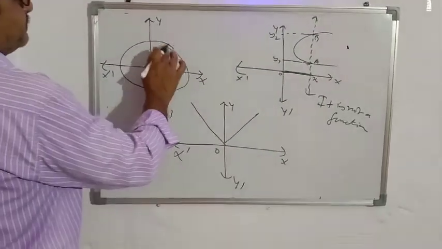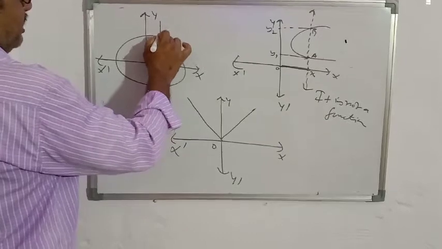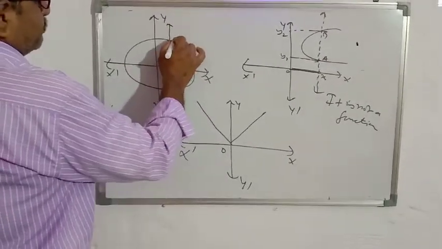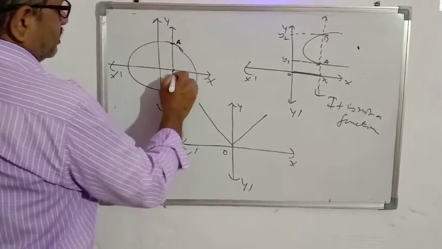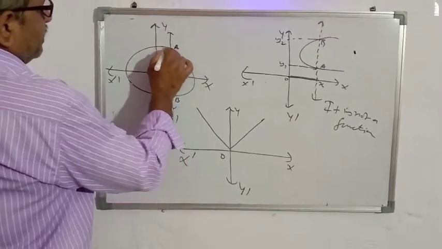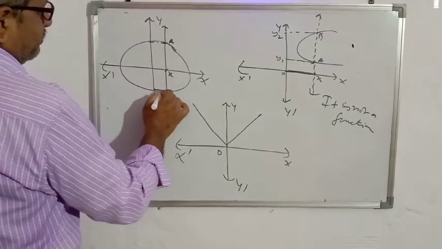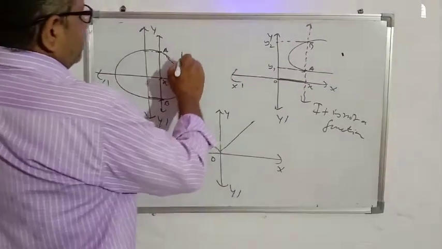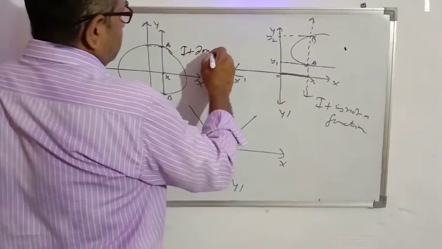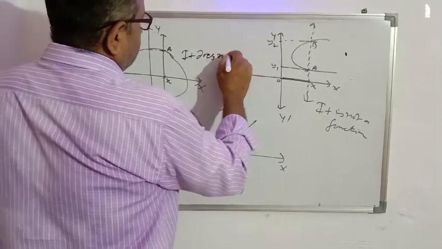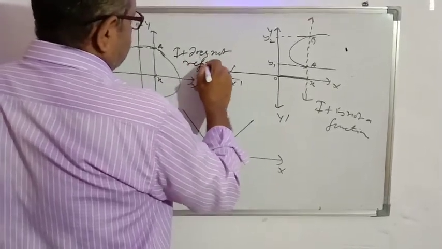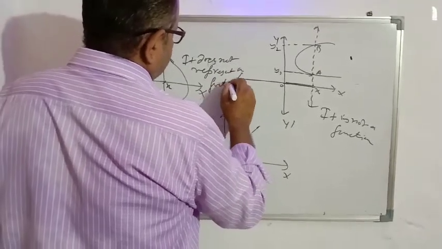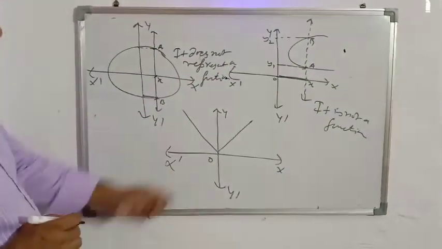Similarly, see here. If we draw a line parallel to the y-axis, it cuts at two distinct points A and B here. So for one value of x, we are getting two values of y. So it does not represent a function. See the third one.